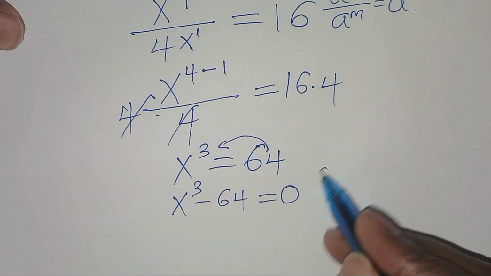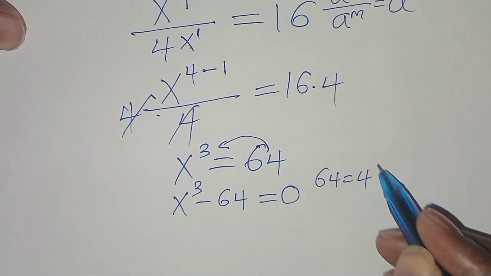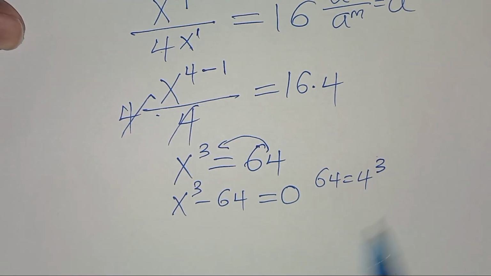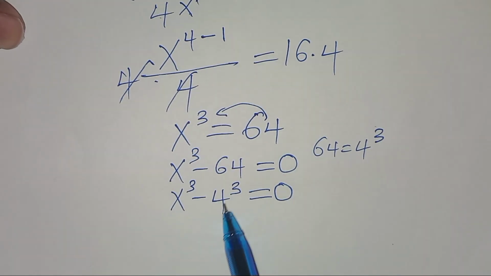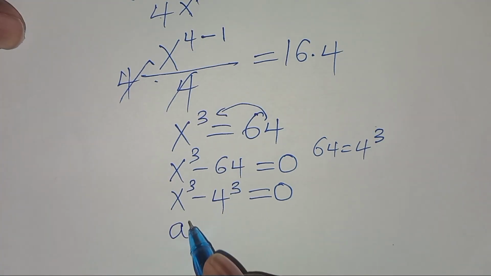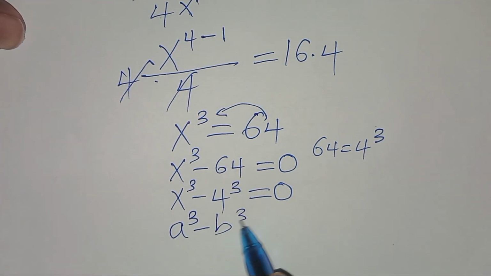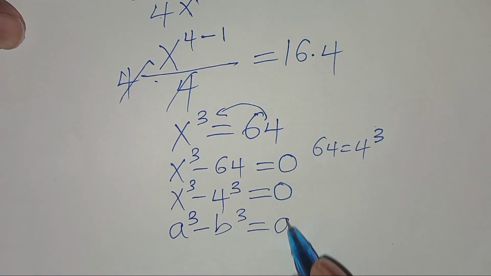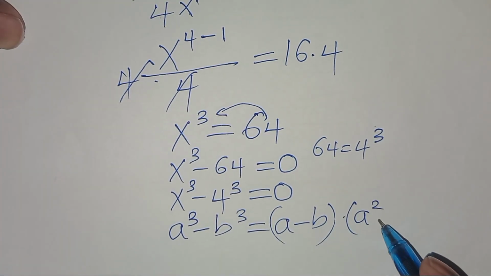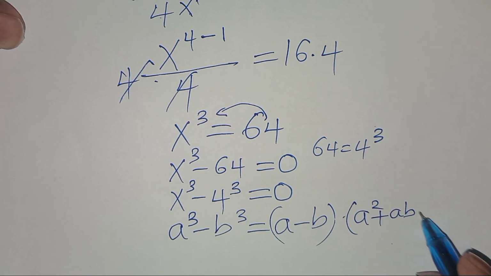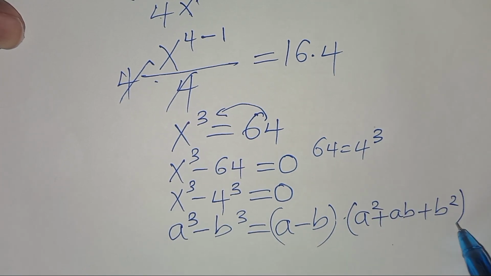Now we can express 64 as 4 to power 3. So let's substitute this. We'll have x to power 3, subtract 4 to power 3, this is equal to 0. Now x cubed minus 4 cubed, this is the difference of two cubes, expressed as a cubed minus b cubed, which we can express as a minus b, a squared plus ab plus b squared.